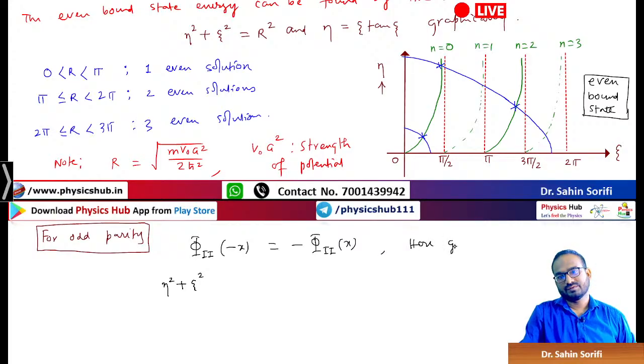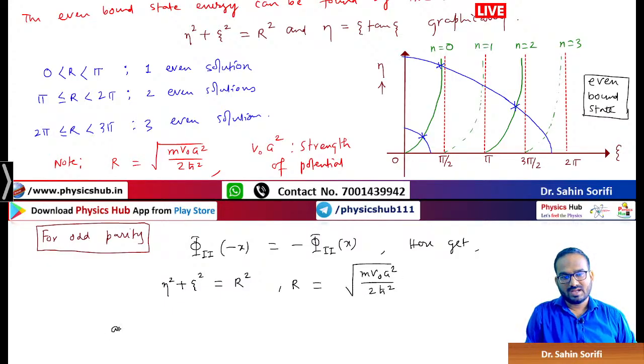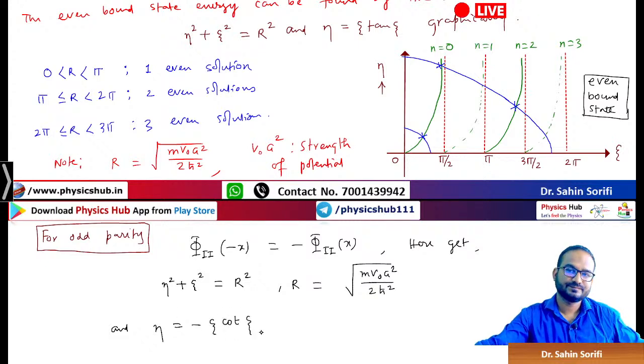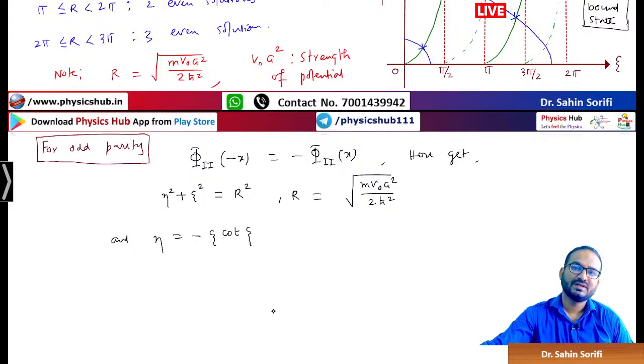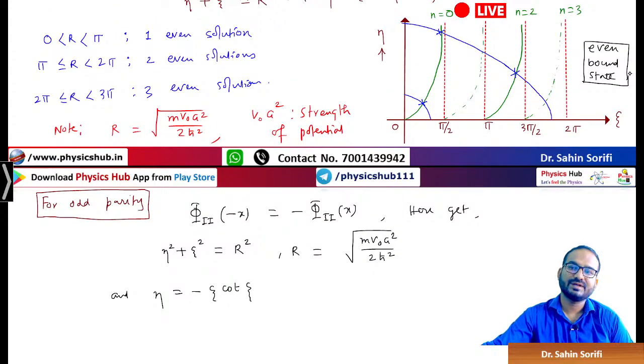Here we get eta square plus xi square is equal to r square, where r is again square root of m v naught a square by 2 h cut square. Instead of eta is equal to xi tan xi, here you will be getting eta is equal to minus xi cot xi. The plot will be similar.